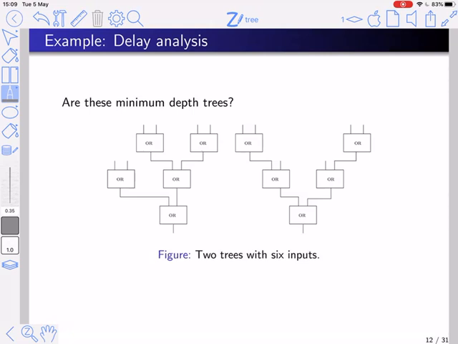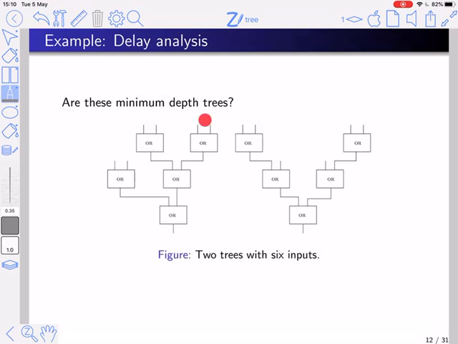Okay. Just to emphasize what minimum depth trees are. You see here two trees with 6 leaves: 1, 2, 3, 4, 5, 6. Both of them have 6 leaves. And of course, the cost of both of them is 5 OR gates. They have the same number of OR gates.